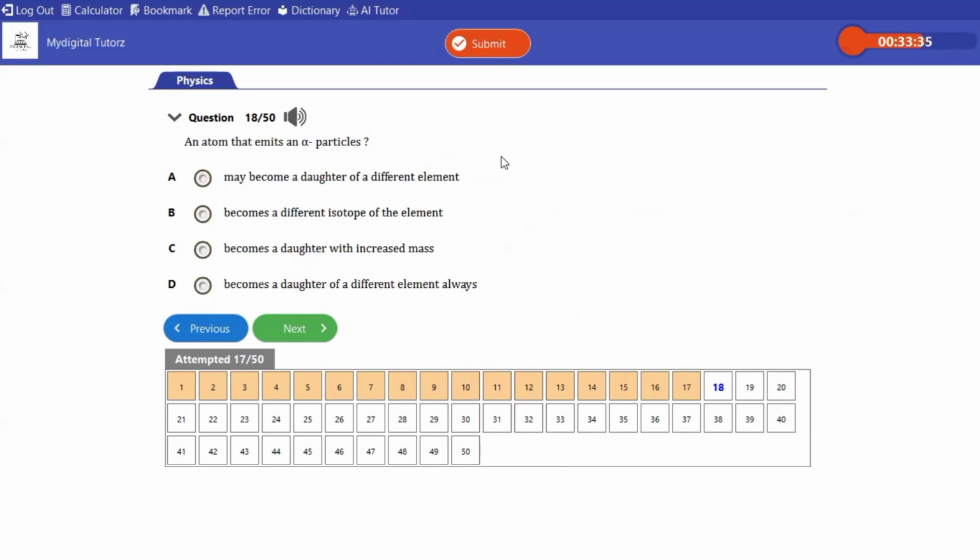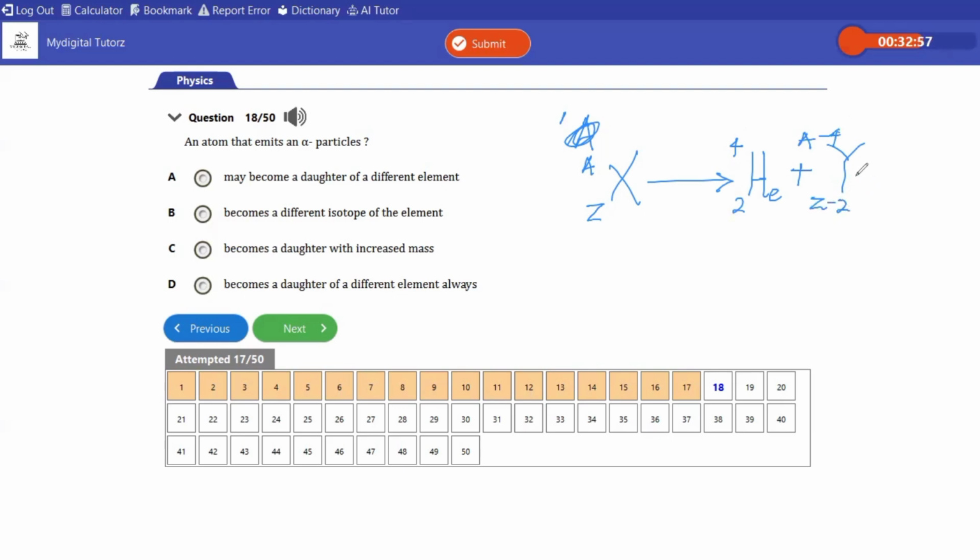For instance, if you have element X having a mass number of A and an atomic number of Z, when it disintegrates and emits an alpha particle, which is a helium nuclide having 4 mass number and 2 atomic number, it will get to another daughter nuclide.